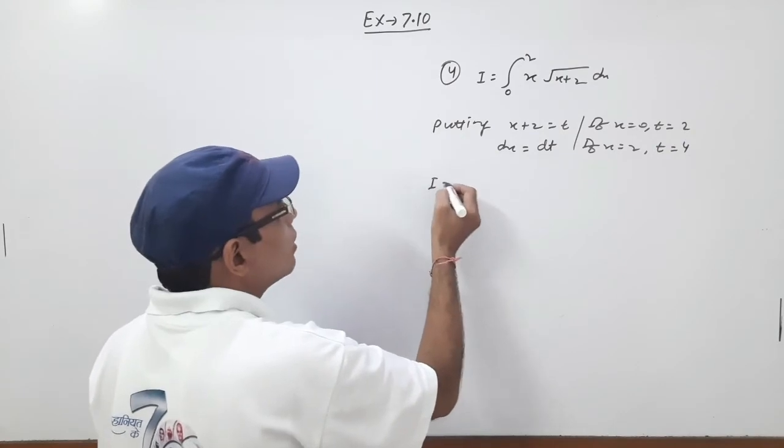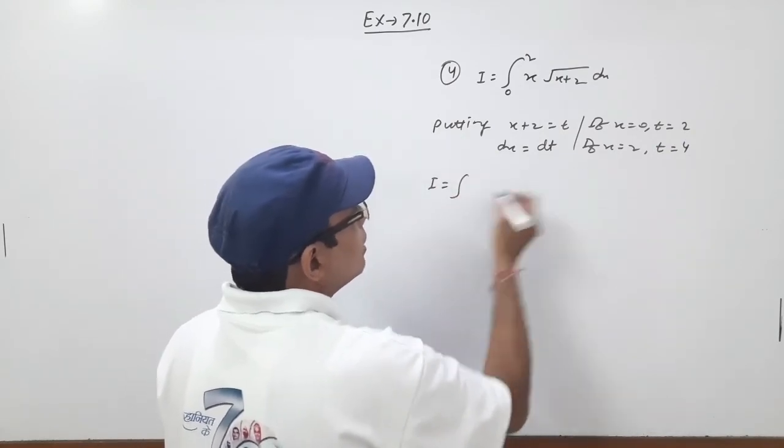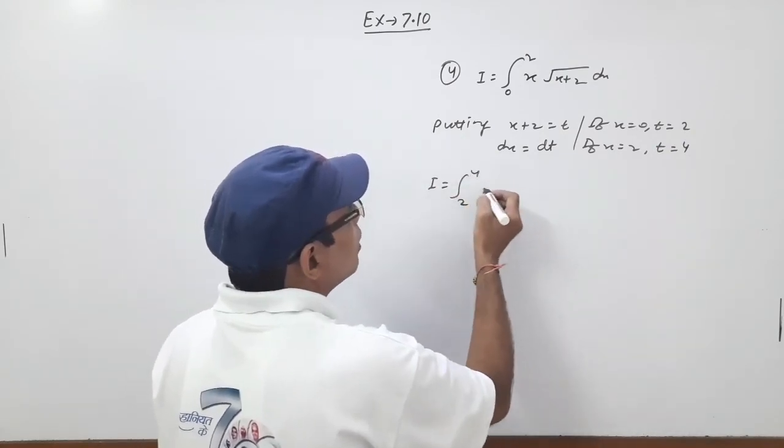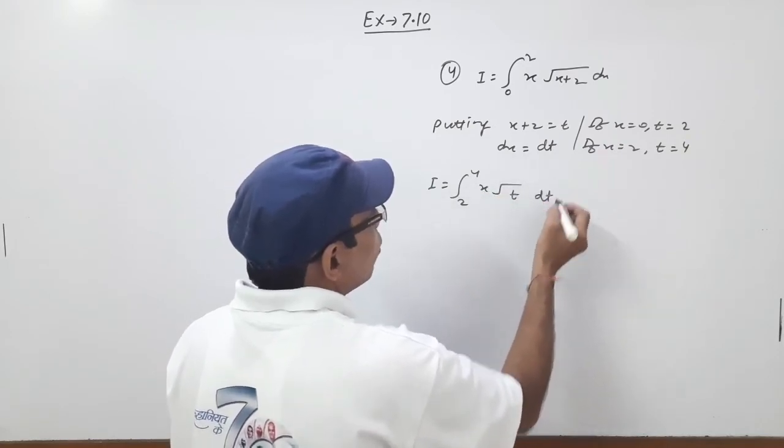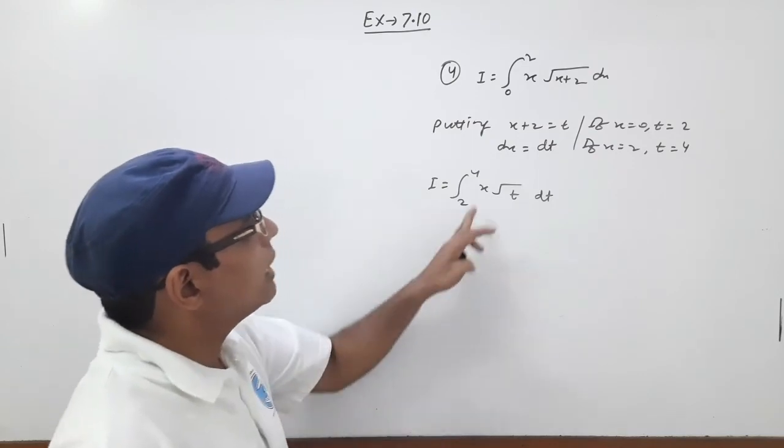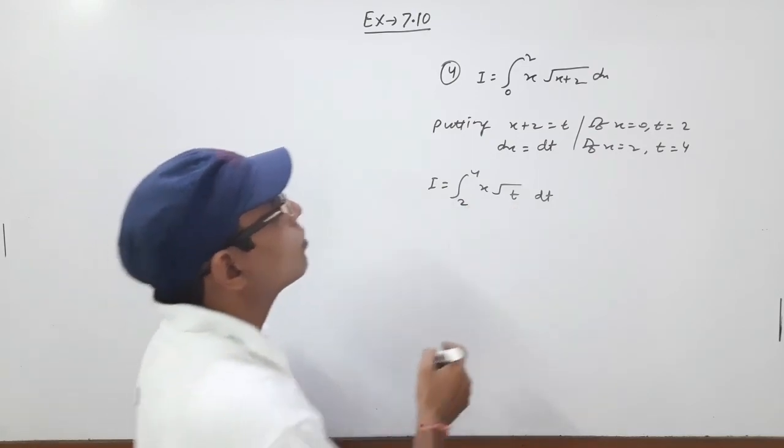Now we have integration, the limit is now from 2 to 4, and x under root t dt. Also we have to change x in the form of t.